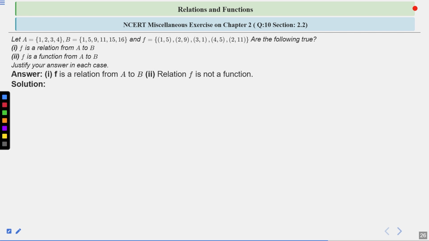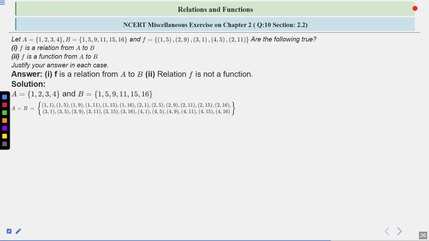Solution. We are given two sets A and B, and A cross B will be the set of all ordered pairs. How many ordered pairs will you have? 4 times 6, so 24 ordered pairs in the A cross B Cartesian product. Clear?